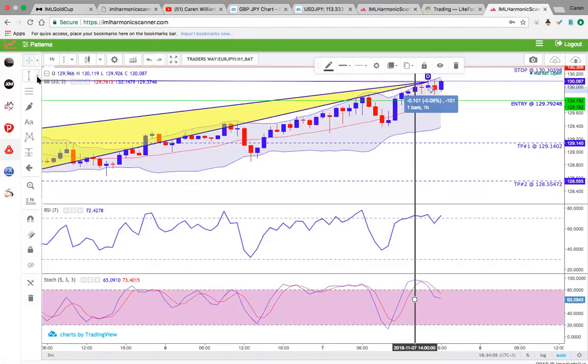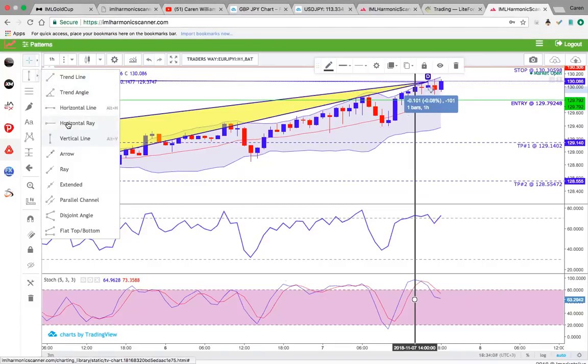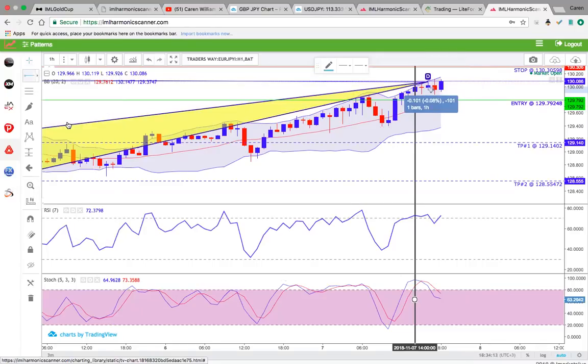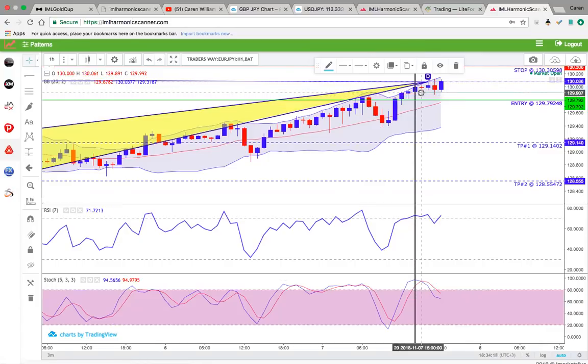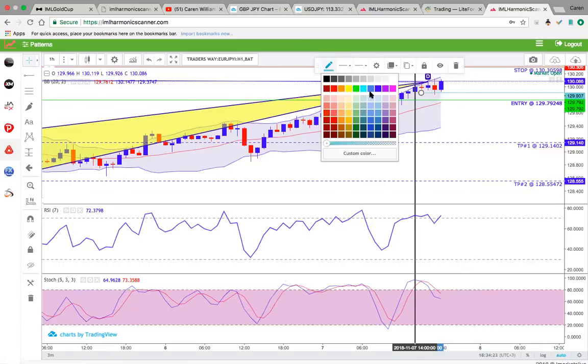That's something that you need to input yourself, as the harmonic scanner is not going to give you a 10 pip take profit. The reason why we're using a 10 pip take profit is to secure the bag, right?